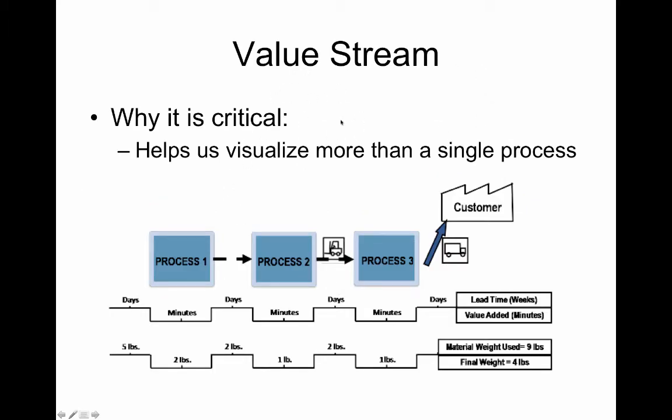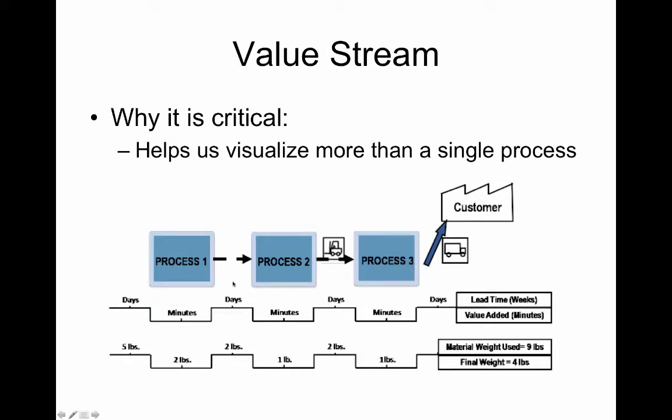The value stream, which I referred to earlier, helps us to visualize more than a single process. So we look at maybe 3 processes in a row, from the supply side as it relates to those processes to the customer. And we can weave in a lot of the different metrics to understand exactly what's happening. How much material is used, how long does it take to process, how long do things sit around and wait to be processed, or how long do they move, how many days in transit or amount of transit time there might be.